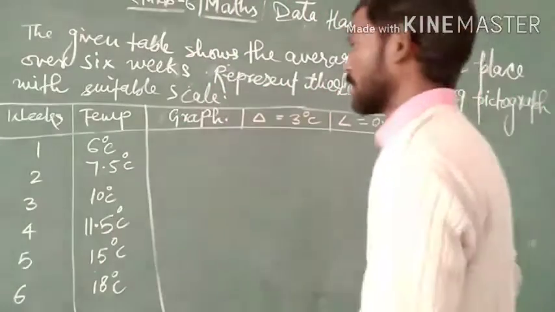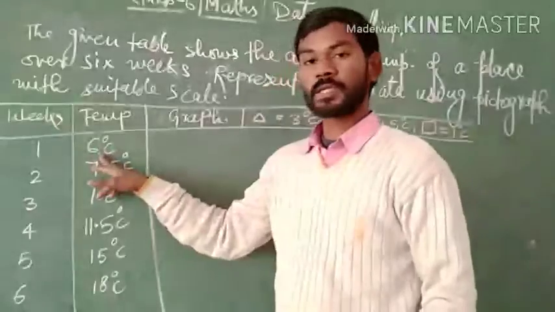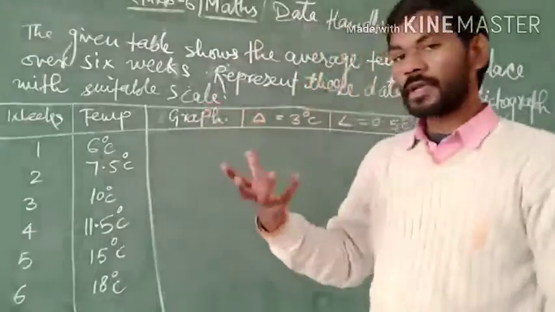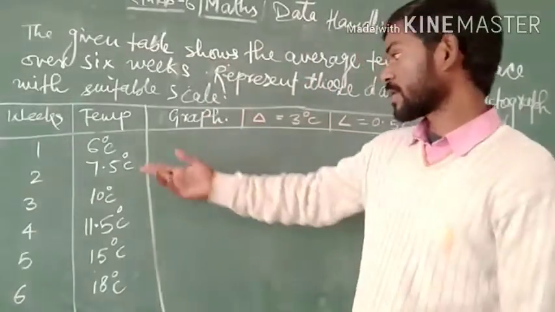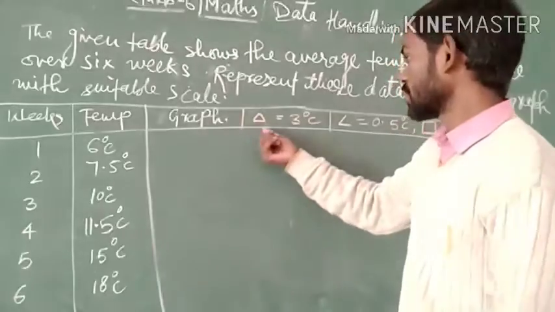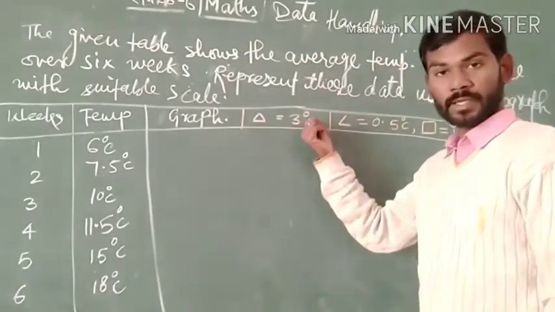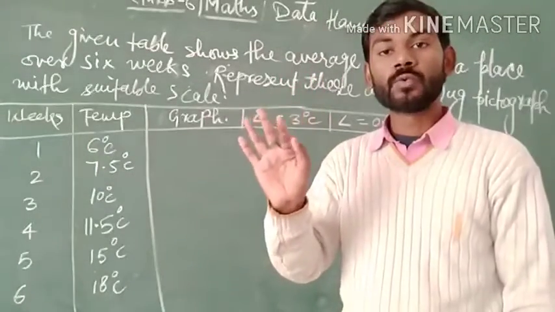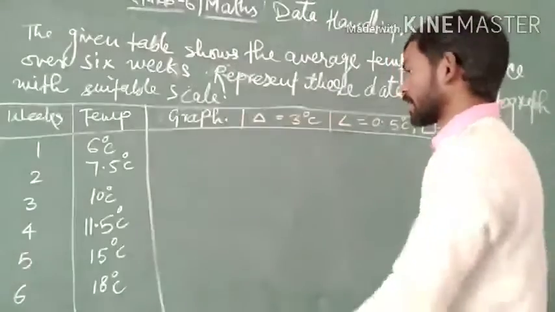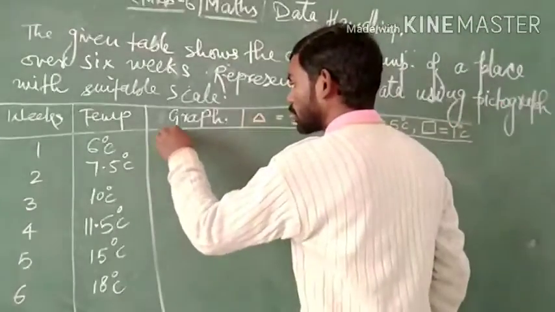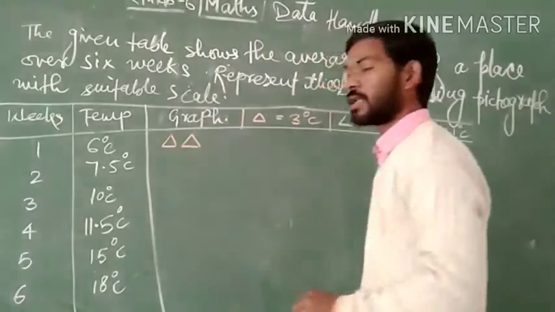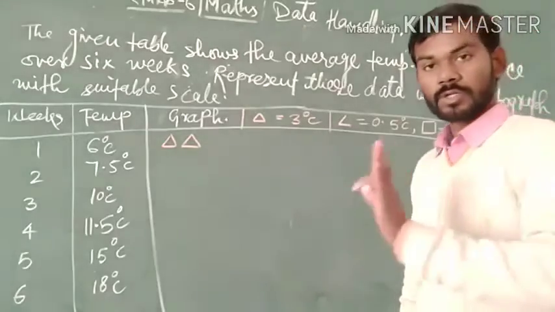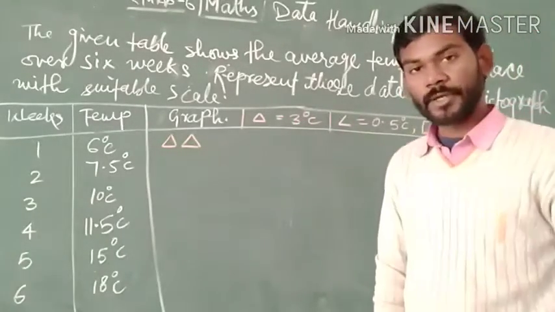So let's see. In the first week, the temperature was 6 degrees centigrade. So just tell me how many triangles are required to represent 6 degrees centigrade. Since one triangle is equal to 3 degrees centigrade, we need only two triangles to represent this. Therefore here we draw two triangles. Okay student, I hope the first step is clear.